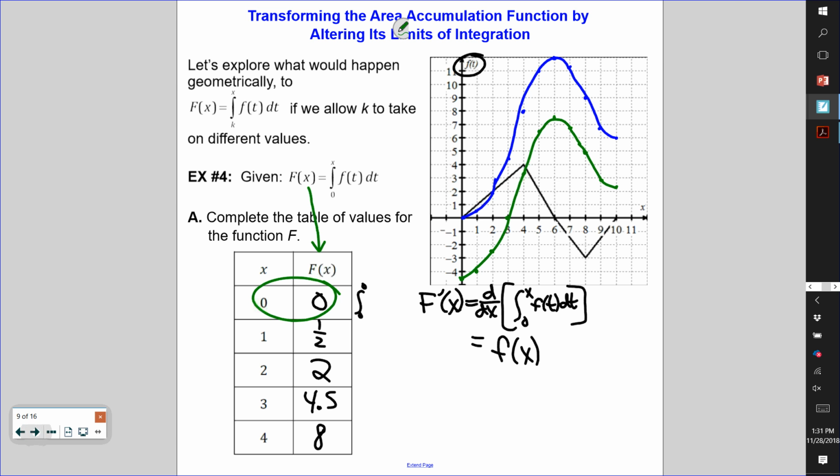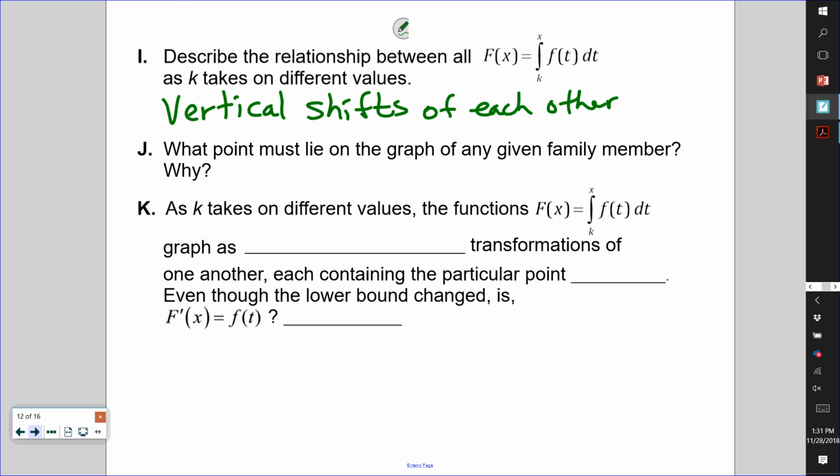Because 0 to 0, 1 to 1, 2 to 2, 3 to 3, 1.5 to 1.5. As a shorthand, k to k of anything is always 0. If I integrate from one number to itself, I just get 0.